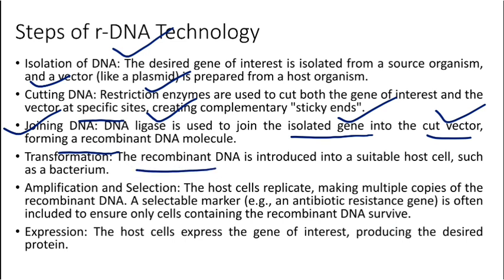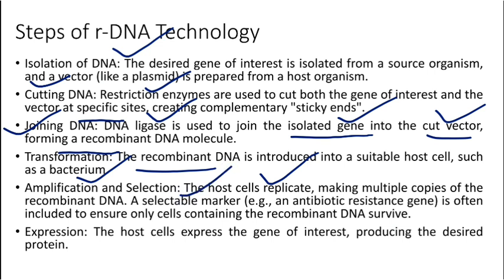Next is transformation. Then we have to introduce that piece of gene of interest with the vector inside the host cell by the process of transformation. Then amplification: the host cells replicate and multiply, making many copies of the recombinant DNA inside their body.